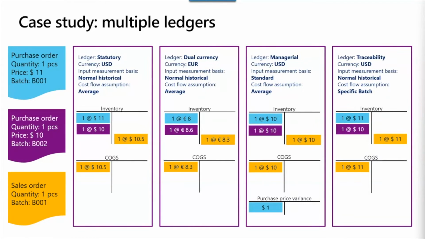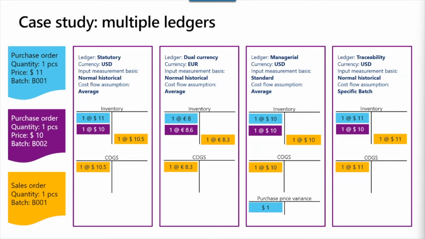In our third ledger, we issue at $10, which again is our standard cost. On the fourth ledger, we cost the transaction at $11, which is the value we recorded for batch B001 on the purchase transaction. As we can see, global inventory accounting allows us to view the same set of transactions costed 4 different ways as a result of the different ledger configurations.